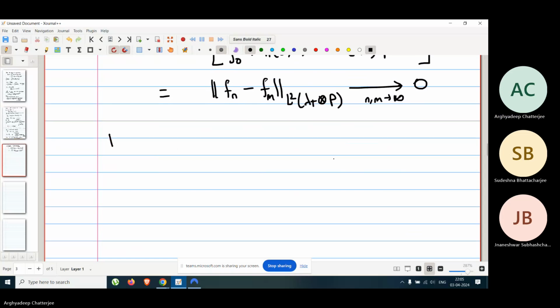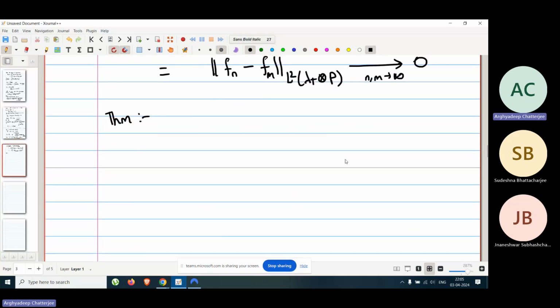So here's a set of results which holds for this integral.